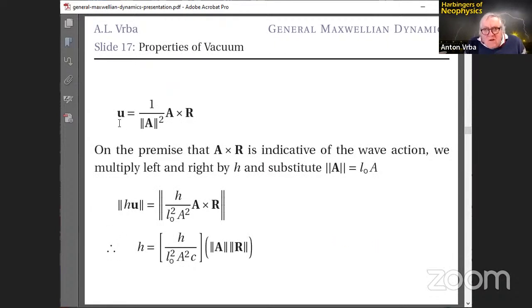So we can write it as H equals H over L0 squared, A squared, times C, and the product of the norms of the vectors A and R. If anybody wants to interrupt me, if they don't understand what I'm saying here, please do so.